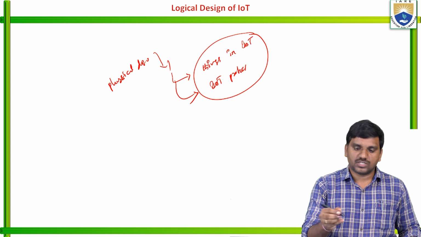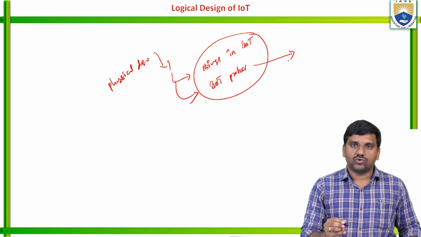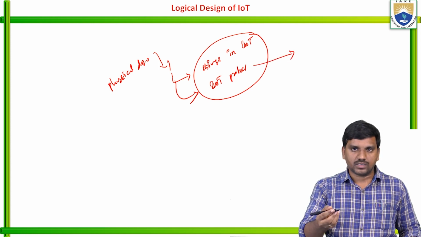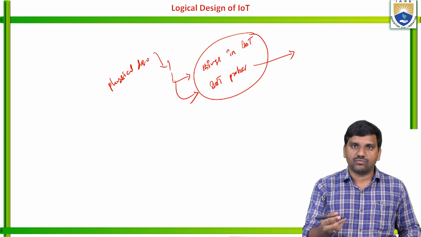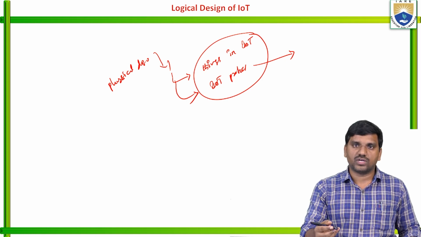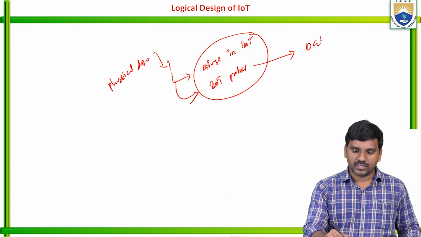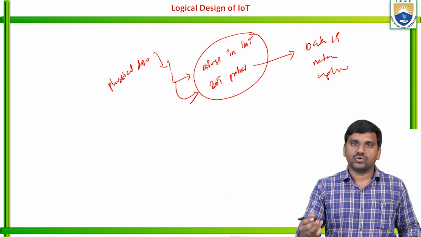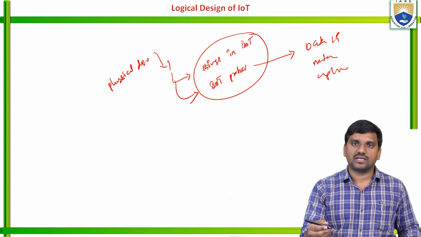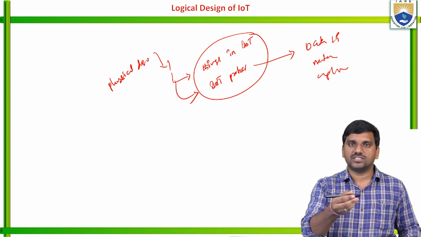IoT protocols means, as per the OSI reference model, we have 7 layers, but in IoT I have explained only 4 types of layers, that is data link layer, network layer, session layer, and application layer. Every layer has different protocols to build the smart world. So these are the things I discussed in the previous session.